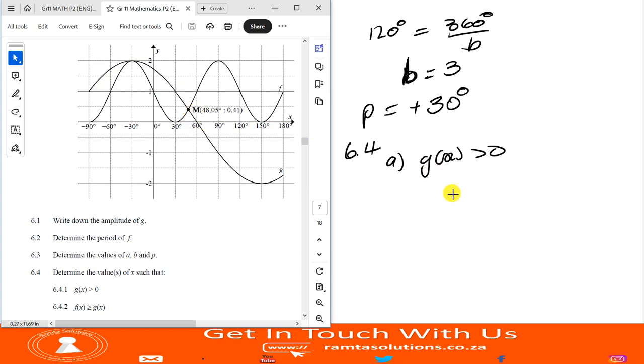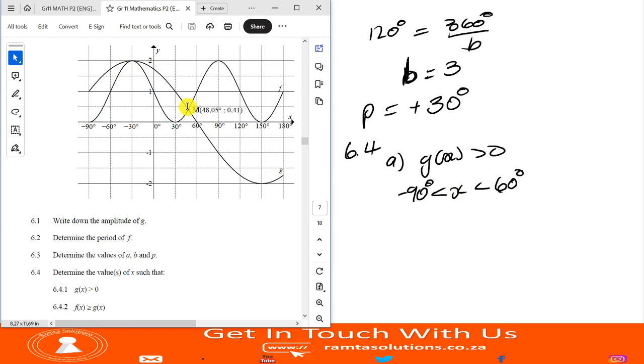So we can say this is when x is greater than negative 90 degrees but less than 60 degrees. Remember, they said greater. So any point less than 60 degrees but greater than negative 90 degrees has a positive y value.